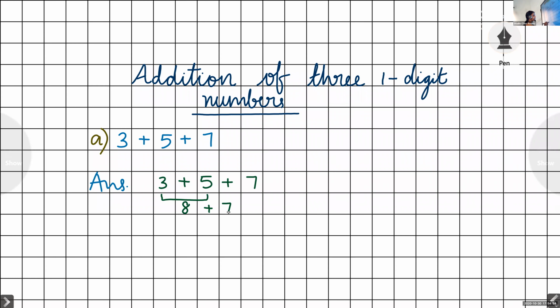So 8 plus 7. Siddhi, what is the answer? 8 plus 7 is equal to 15.